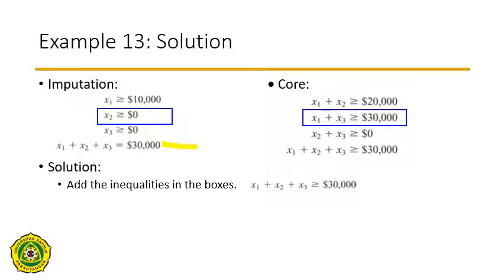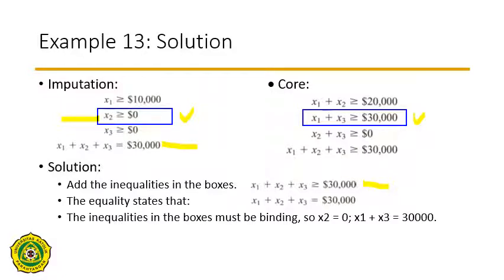We take the sum of the inequalities in the blue boxes and then we obtain this inequality, and then we match it with the equality constraint. So now we know that these two constraints must be binding. In other words, x2 must be 0.